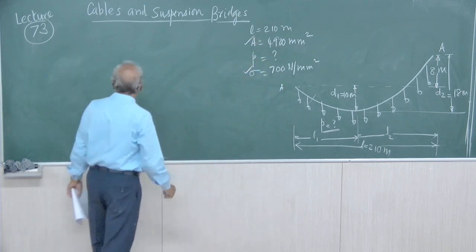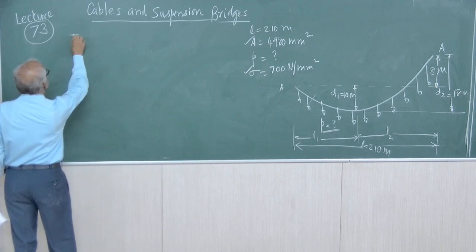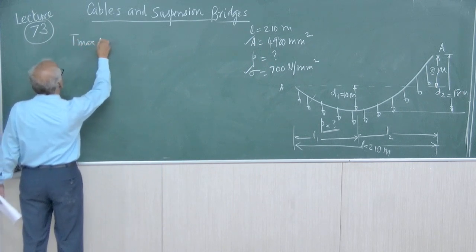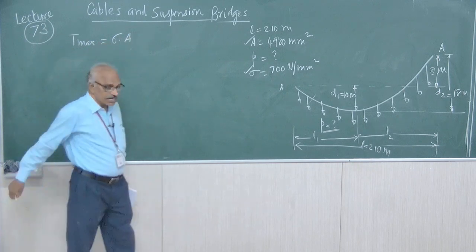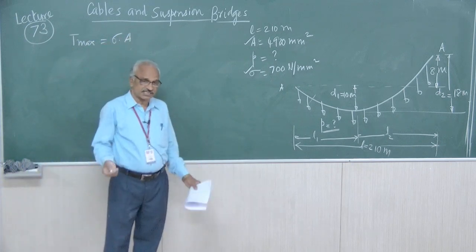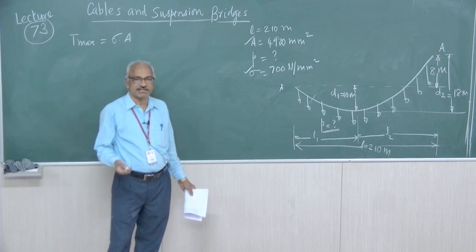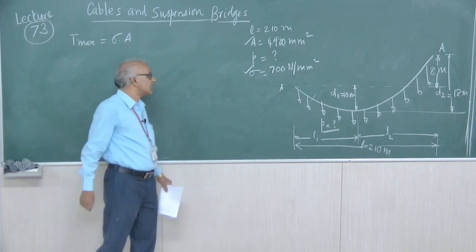That means the value of T max is given. T max equals stress into area, because the cable will take only direct tension. Tensile stress is given, area is given, so stress into area will give you the tensile force.